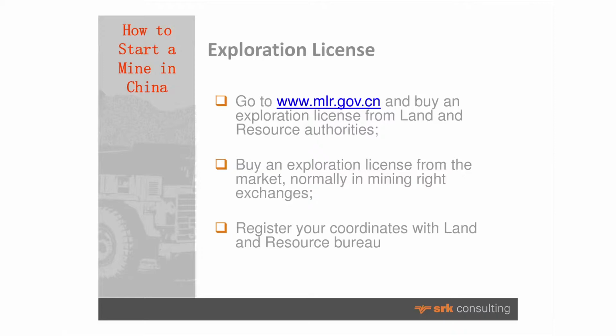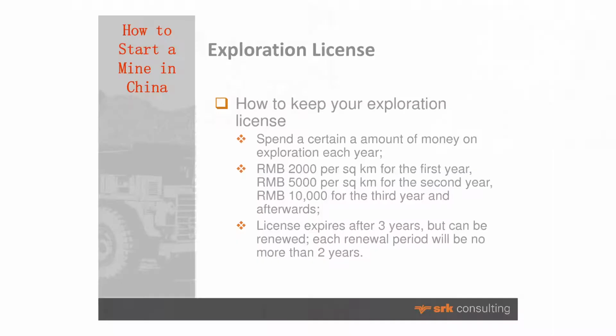Once you've bought the license, you have to register your coordinates with the relevant land and resource bureaus. With the exploration license, there is a certain minimum requirement you have to meet in order to keep it. For example, you have to spend a certain amount of money on exploration every year.